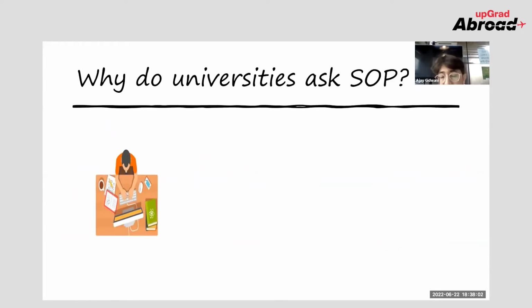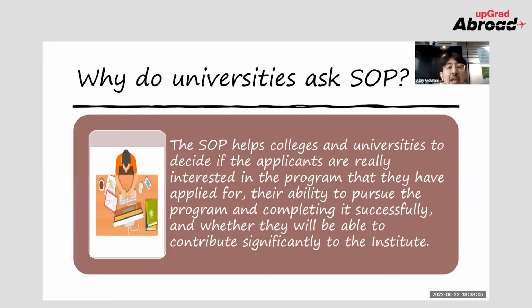So why do universities ask for SOP? Because SOP helps colleges and universities decide if the applicants are really interested in the program they have applied for, their ability to pursue the program and complete it successfully, and whether they will be able to contribute significantly to the institute.